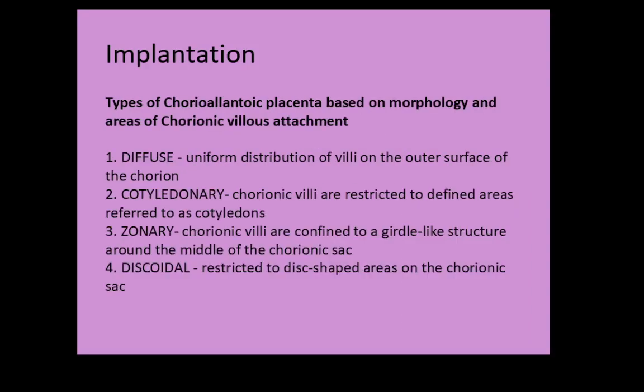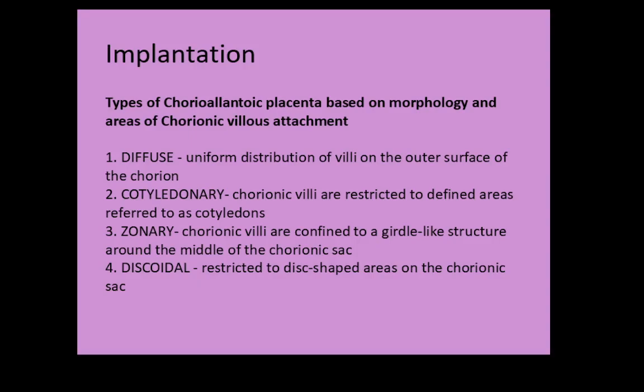The types of chorioallantoic placenta based on morphology and the areas of chorionic villus attachment are four: diffuse, cotyledonary, zonary, and discoidal. For diffuse, there is a uniform distribution of villi on the outer surface of the chorion.